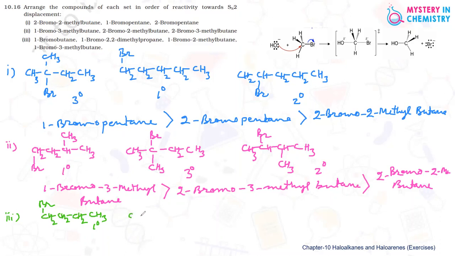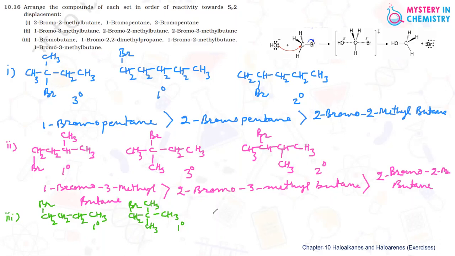So propane is 1, 2, 3, and 1 bromo is here, and 2,2-dimethyl, that means 2 methyl groups are attached to second carbon atom. So this is actually again primary halide, but methyl groups are quite close. So steric hindrance is more in this case.